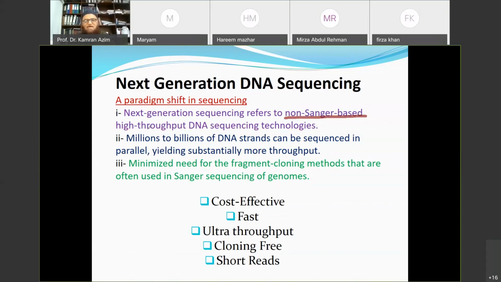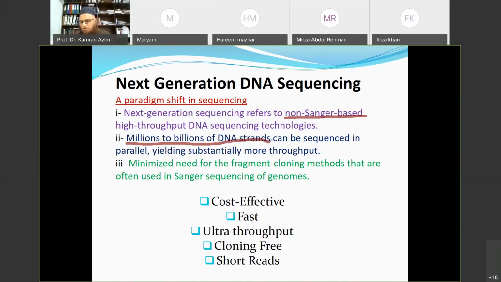High throughput means that we can do a lot of sequencing at a time, which was not possible in case of Sanger sequencing. In NGS, or next generation sequencing, millions to billions of DNA molecules are generated after DNA fragmentation.